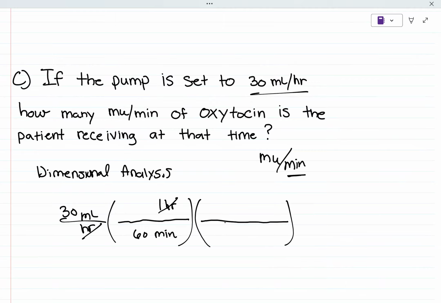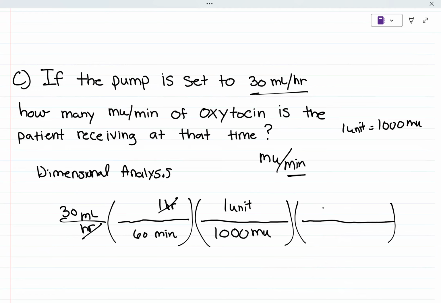So we know that 1 unit is equal to 1,000 MU. So it would be 1 unit on the top and 1,000 MU on the bottom. And then, let's see. So you're going to put 1,000 on the top.